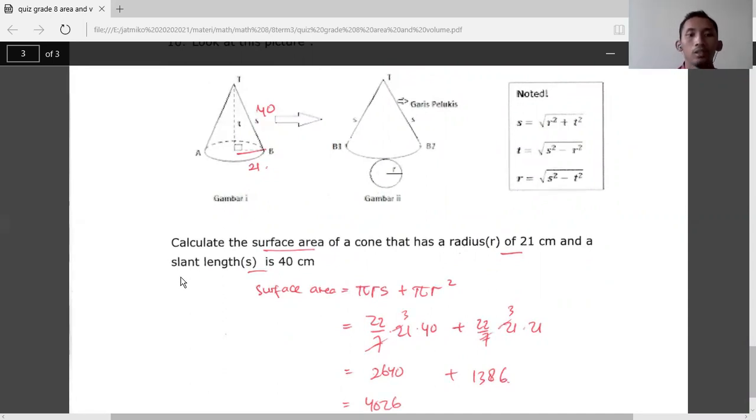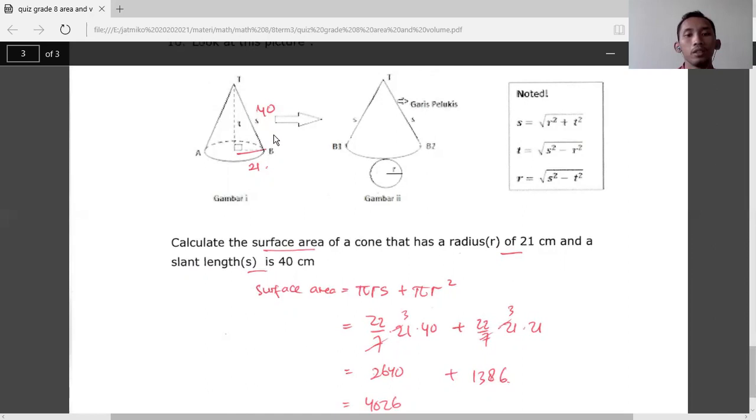So calculate the surface area of the cone with radius 21 and slant length 40. Slant length is the one here, S. In Bahasa they call it garis pelukis. So this is the garis pelukis, but S, the garis pelukis, is actually the slant line in English. They adapted it from the English version. How to do that?